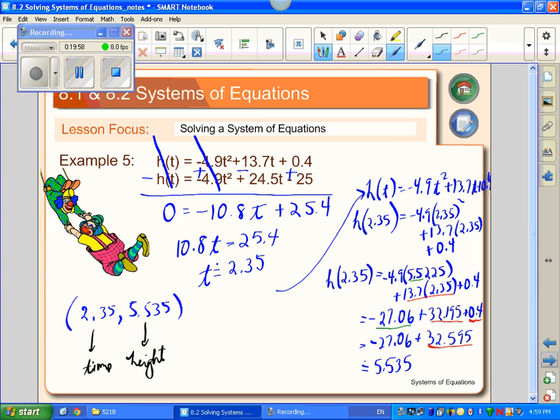Together, the solution is where these two clowns high-five each other. This occurs 2.35 seconds into the routine, and they are 5.535 meters above ground. So it's putting it into context and being able to solve.